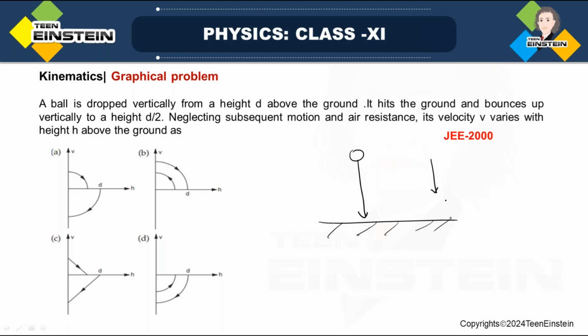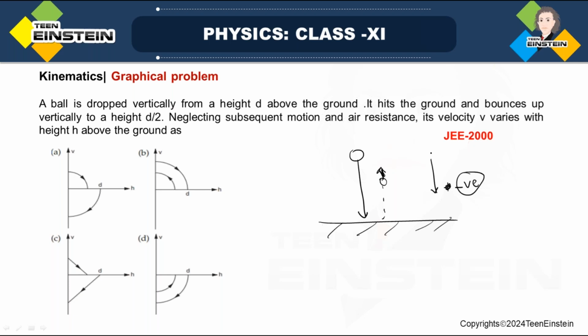Generally we take the downward direction as positive, or if we take it as negative, the velocity is negative, then after hitting the ground, it will go in the reverse direction. So look here.